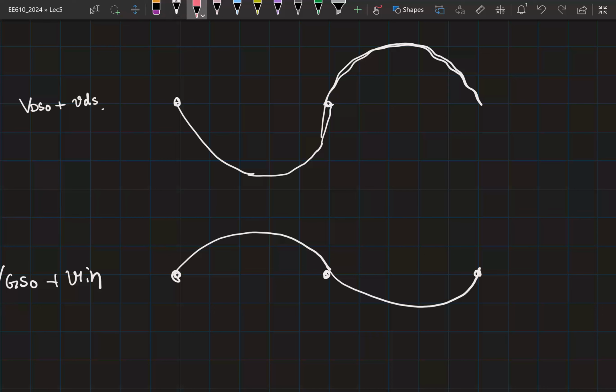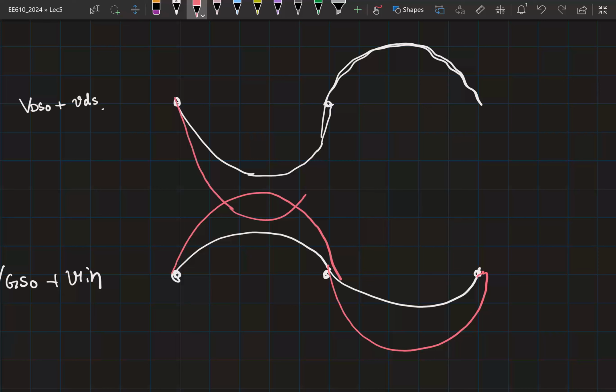Now, if I give a larger input, what do I expect to see? Ideally, it should have been a full sine wave like this, right? But at some point here, your transistor is going to enter into triode region. Once it enters the triode region, it wouldn't see the same gain.